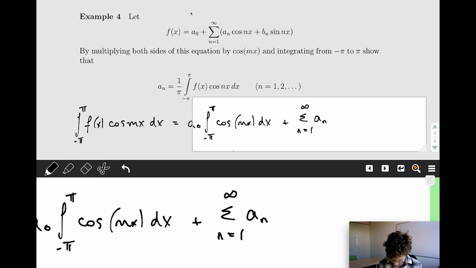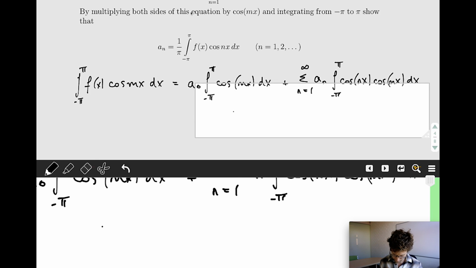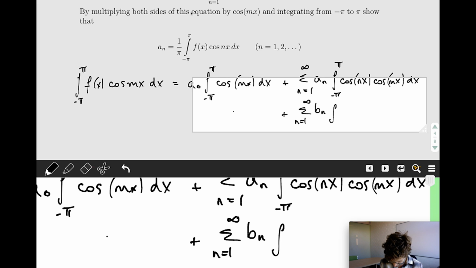So I'm going to end up with the integral from minus pi to pi of cosine nx cosine mx dx. And likewise I've got plus the sum from n equals 1 to infinity of bn integral from minus pi to pi of sine nx cosine mx dx.